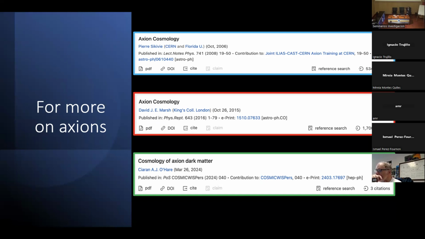Today we're focusing on like 1 electron volt, so it's like 20 orders of magnitude more. And then the most recent one is from Kieran Weir, Cosmology of Axion Dark Matter. This is from 2 months ago. I like this review a lot because there is a huge section on all the different detection techniques that people are implementing in order to find these axion signals.